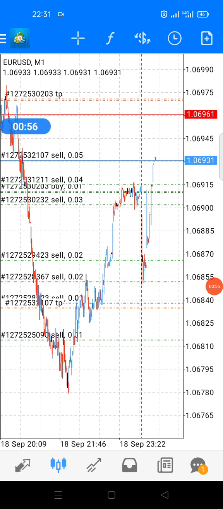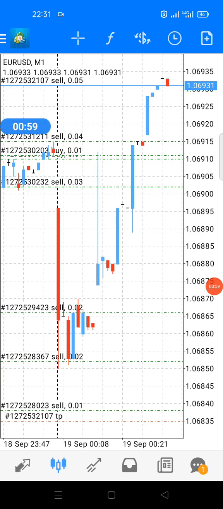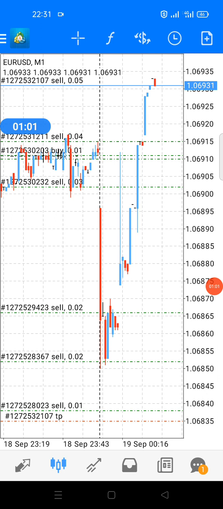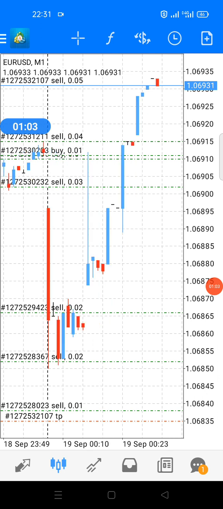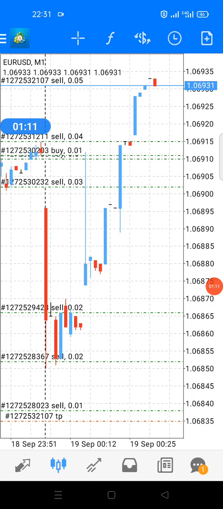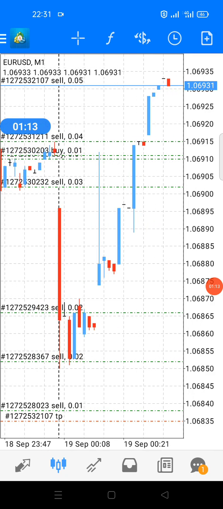Now let me explain to you. You see all these candlesticks? Some are small, some are big. It doesn't matter how big they are.